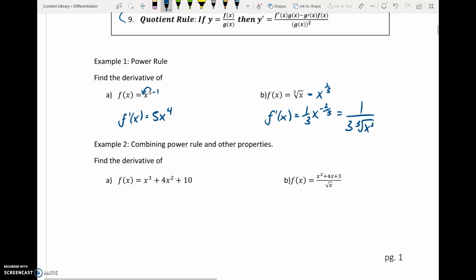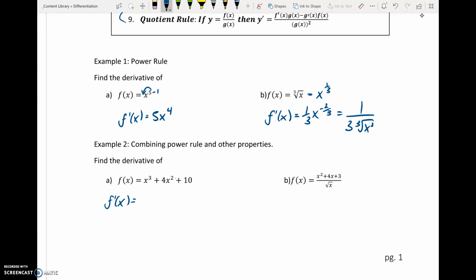Example 2, we're going to combine our power rule and all the other 6 properties. So by the fourth property, we can split our f prime of x. So I'm just calculating the derivative of this, the derivative of the second term, and then the derivative of the third term. So you can look at it term by term.